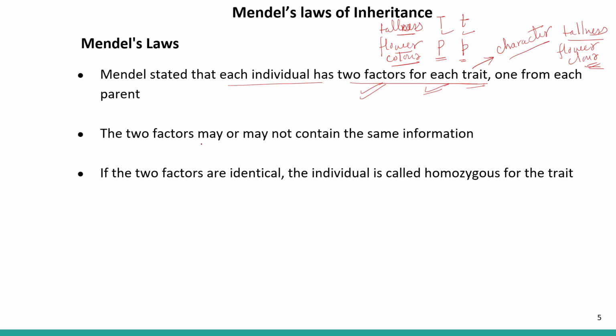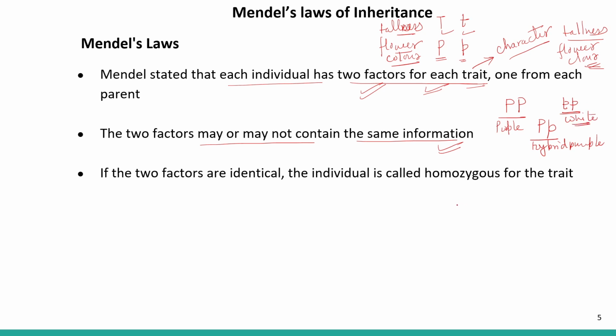The two factors may or may not contain the same information. Okay, so they can have this form capital P, capital P, small p, small p, or they may have capital P, small p. So this will be pure purple, this will be hybrid purple, and this will be white.